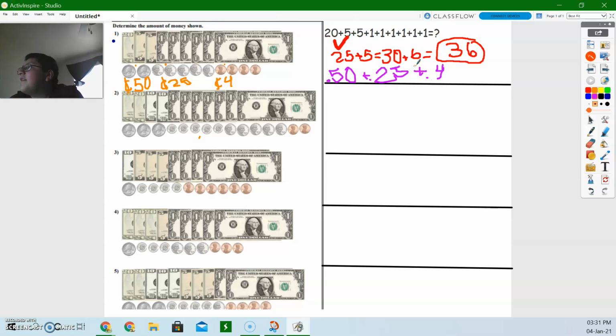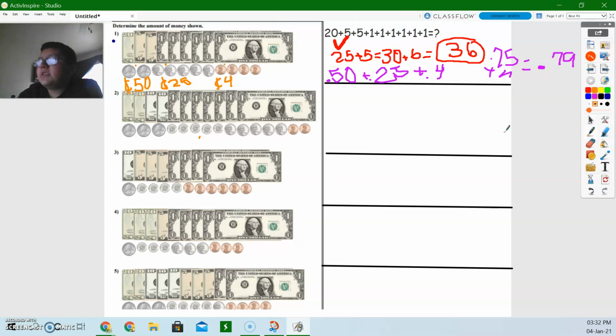So 50 plus 25 cents is going to equal 75 cents. Give me a moment. Let me put this in perfect writing. 75 cents plus 4 cents is going to equal, sorry for my lazy handwriting, 79 cents.